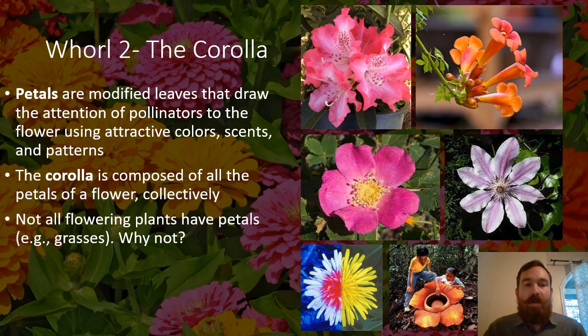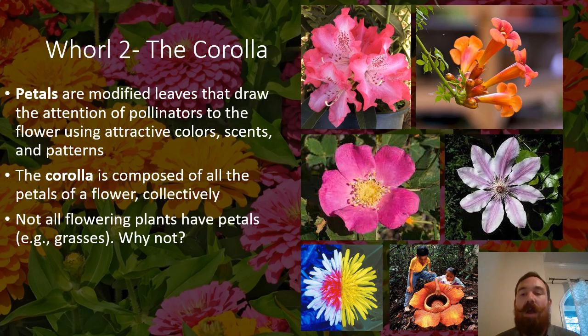Petals attract pollinators. The petals of the corolla attract pollinators using a variety of strategies. The strategy we're probably the most familiar with, because it's the most obvious, is color. Petals are brilliantly colored, not from an evolutionary perspective to please us.